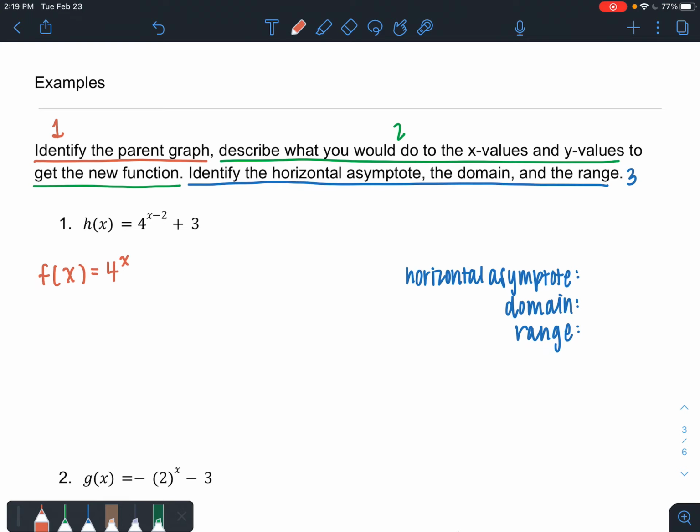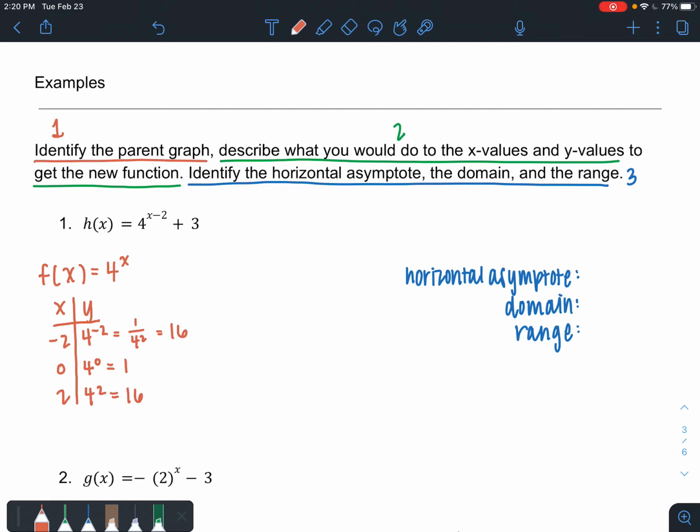All right, and so then to get an idea of what that will look like, I'm just going to say x and y. I'm going to pick some numbers like -2, 0, and 2. So if I have 4 to the -2, that's the same thing as 1 over 4 squared, which is 1/16. 4 to the 0 is 1, and then 4 squared is 16.